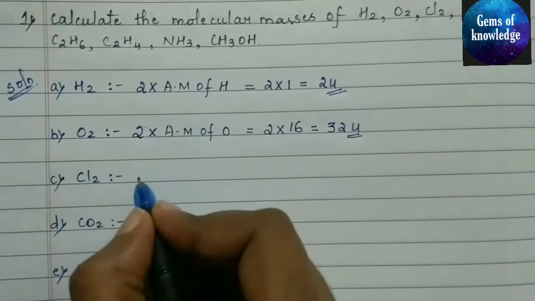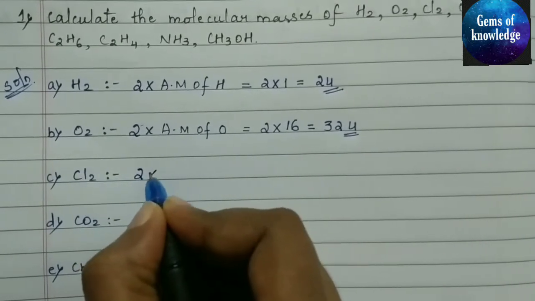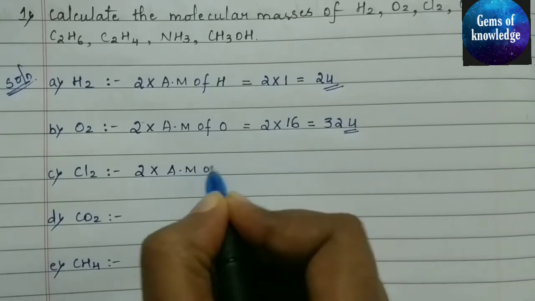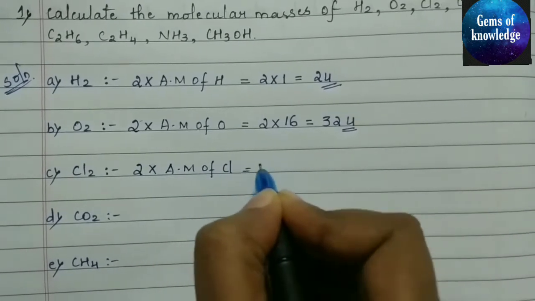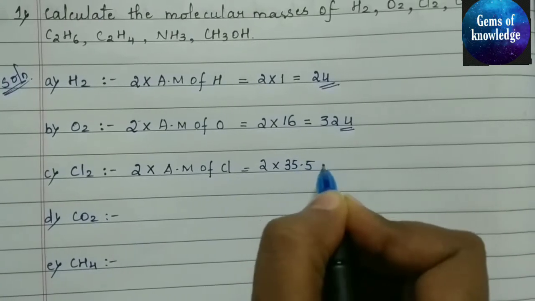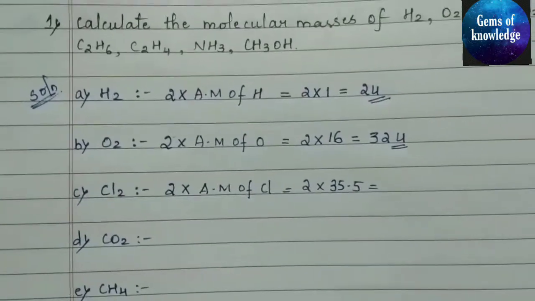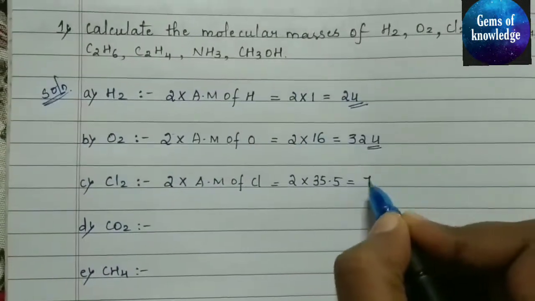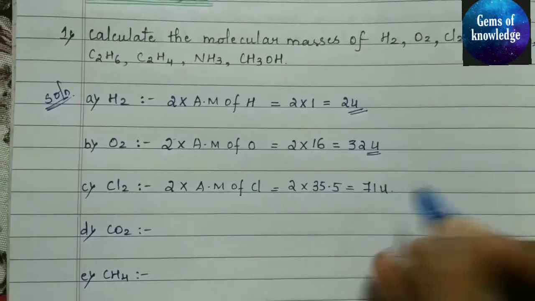Cl2 is chlorine. This is also 2 times chlorine. So 2 into the atomic mass of Cl, 2 into 35.5. So 2 into 35.5, we will get the answer as 71 units.